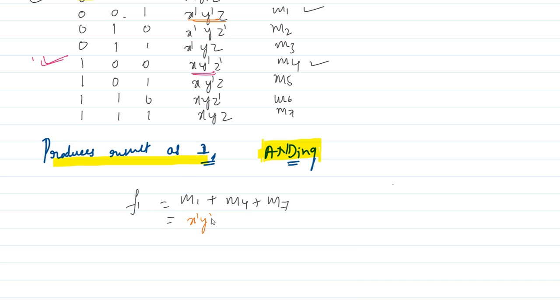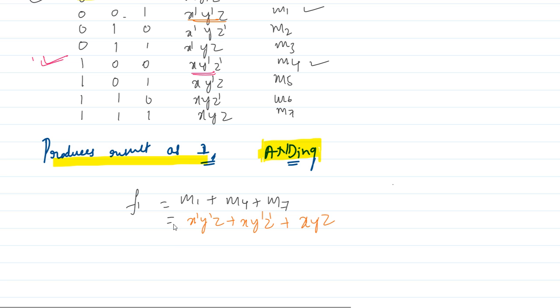What is m4? x y prime z prime. What is m7? m7 is x y z.